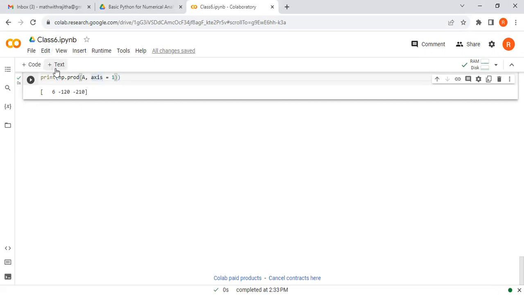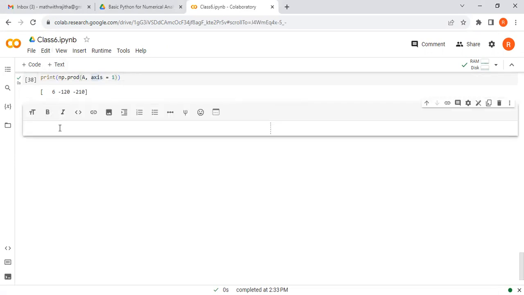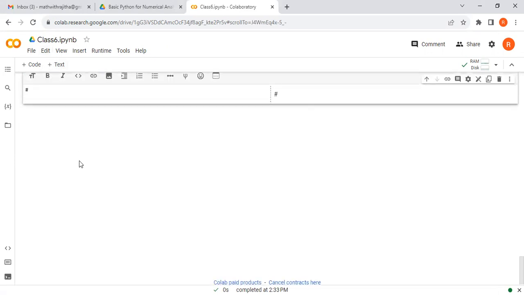Next is the subsection, numerical linear algebra.